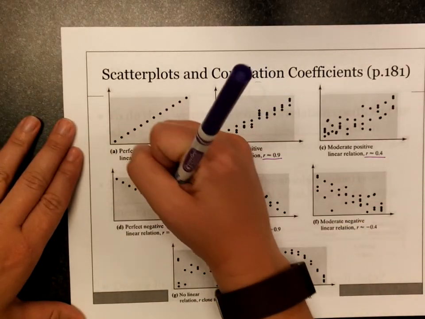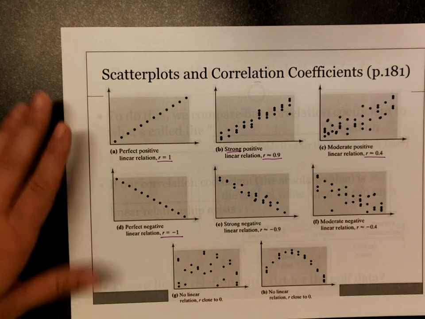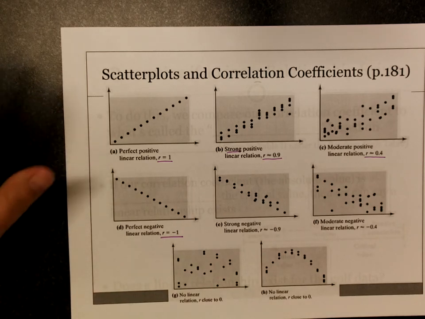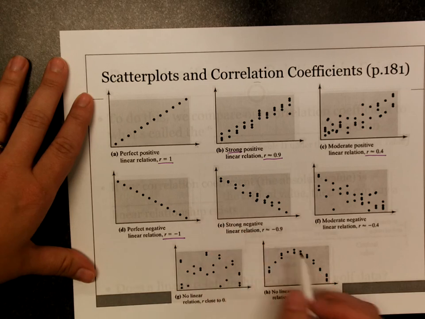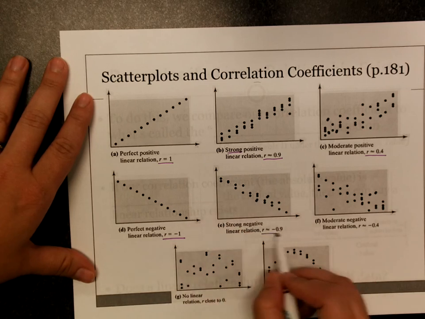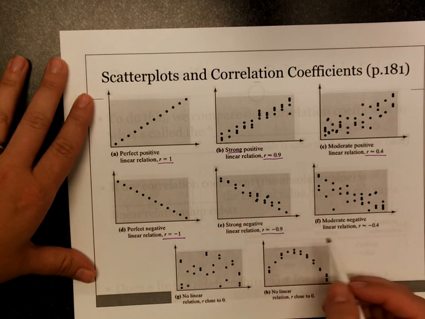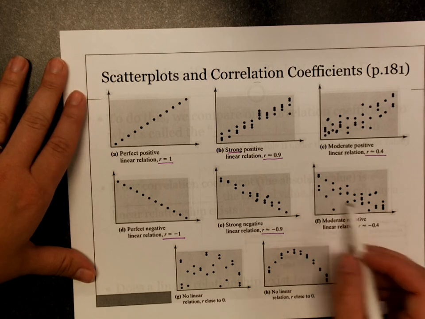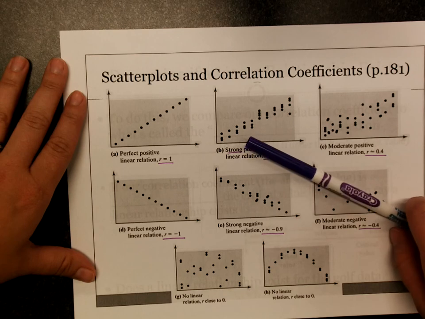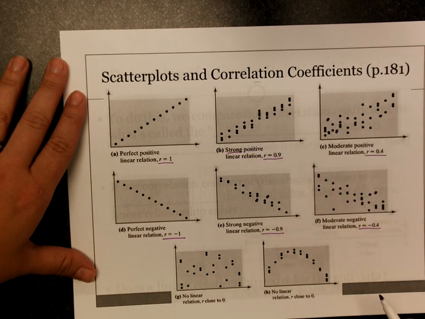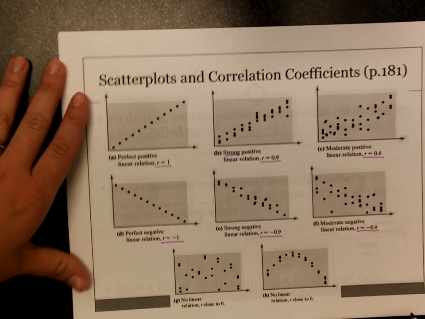Then we've got a perfect negative relationship when R is equal to -1, which in real life almost never happens. We have a strong negative linear relationship where R is close to -0.9. And then here we have that moderate negative relationship where they're roughly going down in a straight line, but they're just all over the place, so your R value is much lower.